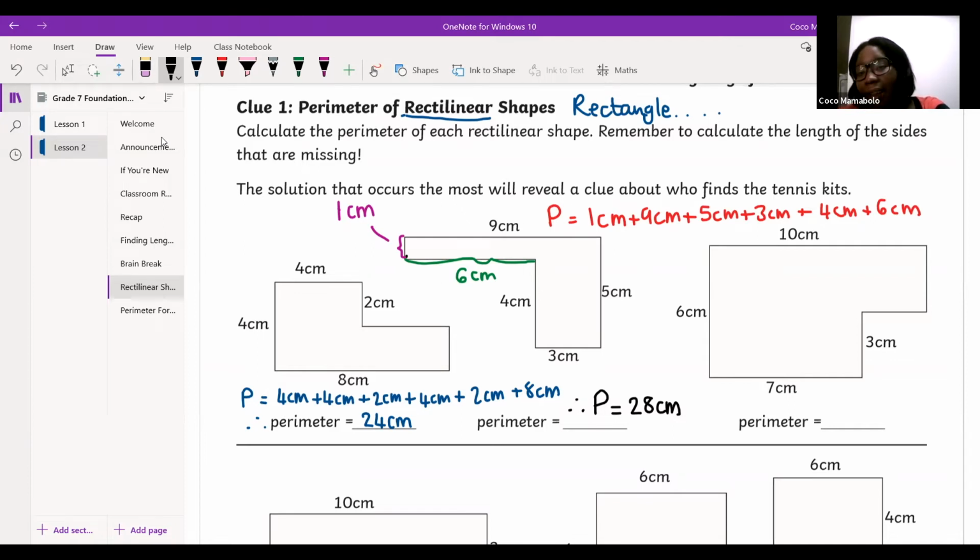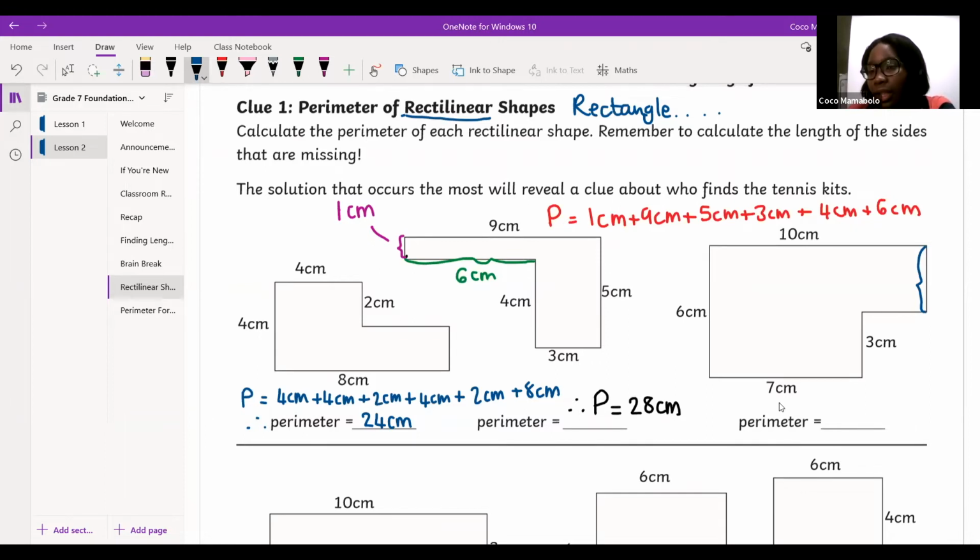Okay, let me get another hand. Somebody needs to tell me the missing dimension in number 3. I can tell quite a lot of people missed that 1 centimeter. Maria, okay, let's look at this one. What is the length of the side that I've highlighted here in blue? Ma'am, 3 centimeters.